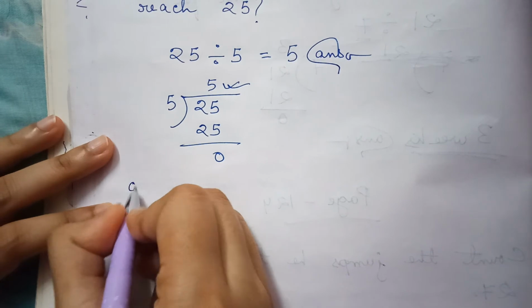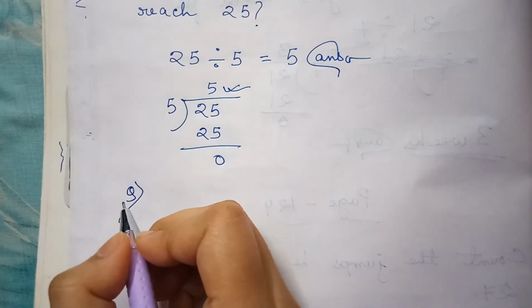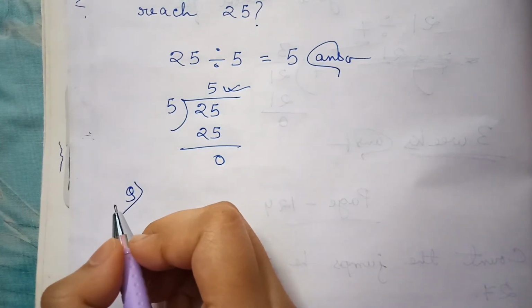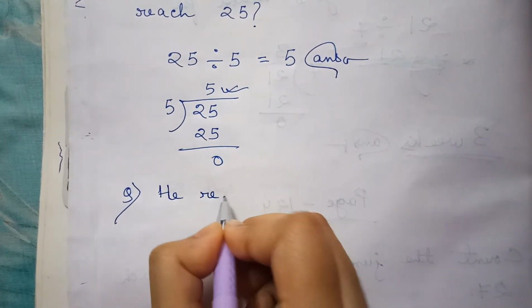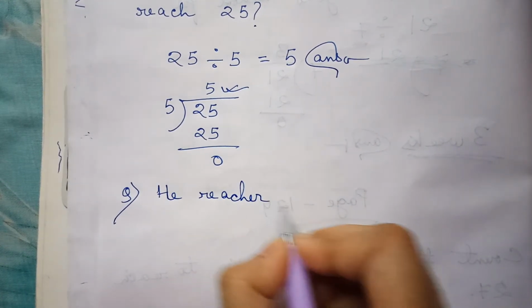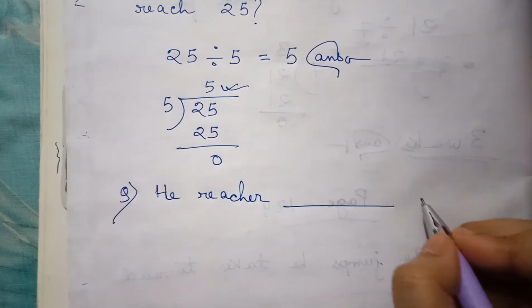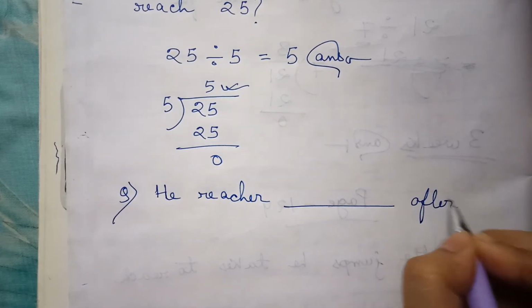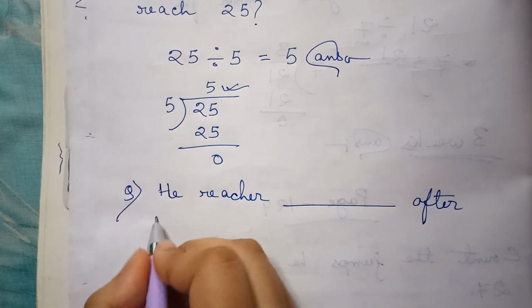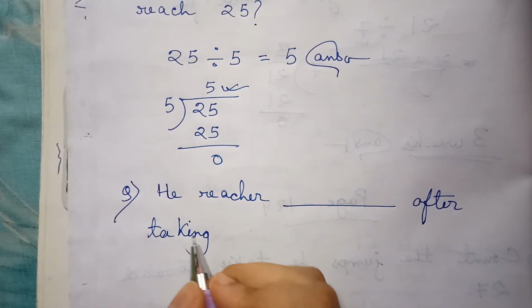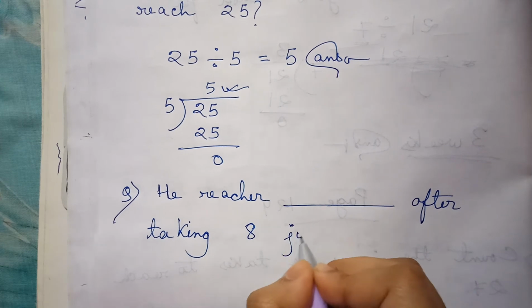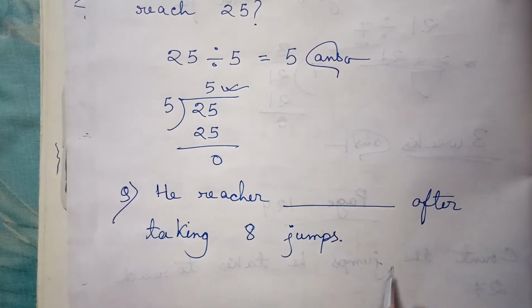Now the next question is, he reaches dash after taking 8 jumps.